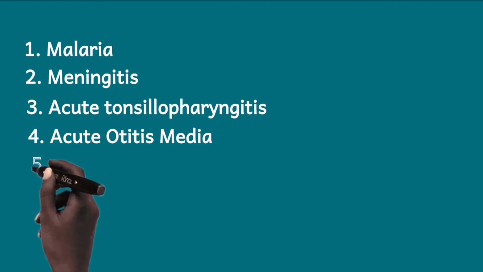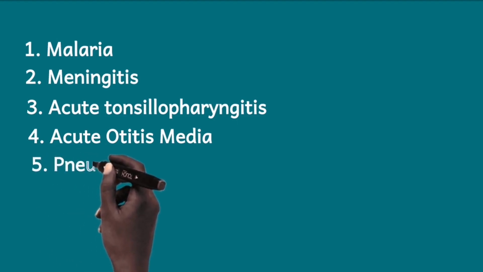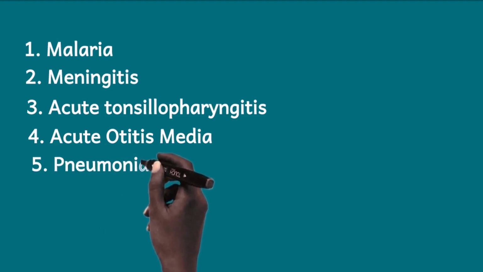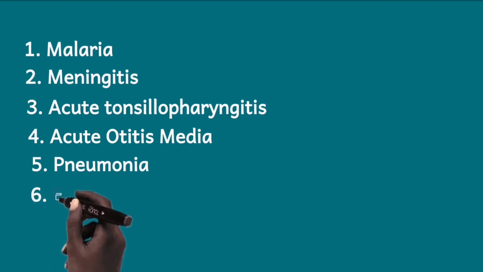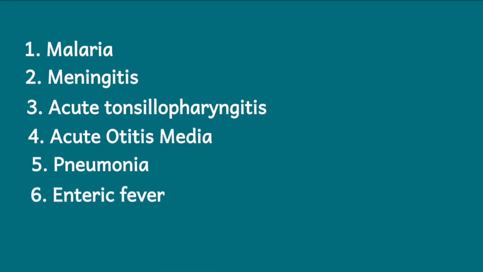Then another condition which may explain this child's presentation is pneumonia. Although vomiting is not a typical symptom of pneumonia, sometimes these children may vomit. Then we come to the next differential, which is enteric fever, our chosen diagnosis.